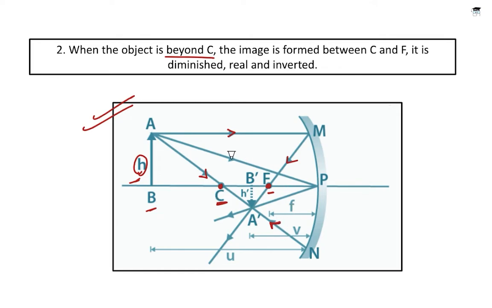And the third case is that a ray of light which is incident on the mirror at some angle will be reflected by the same angle. These three reflected rays all meet at this point, so the image is formed at this point.